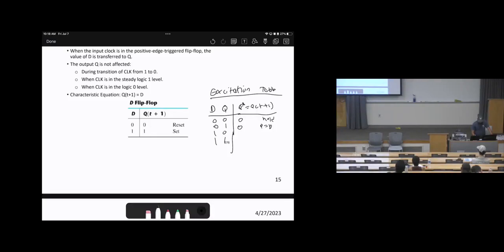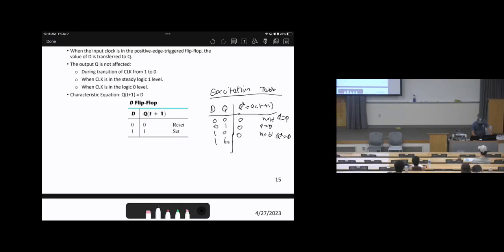If D is 1 and Q is 0, this will hold, which means Q star will equal Q. I'm sorry, we'll make it... yes.